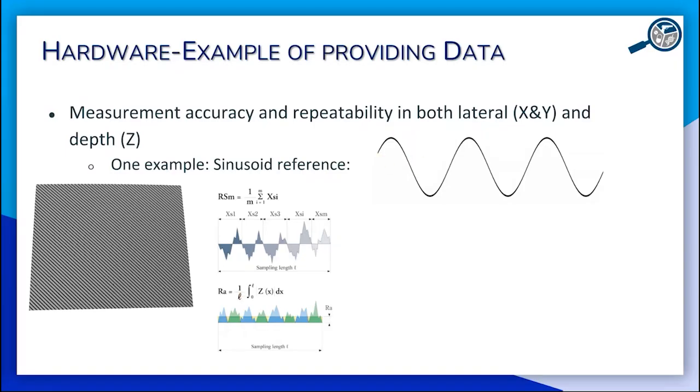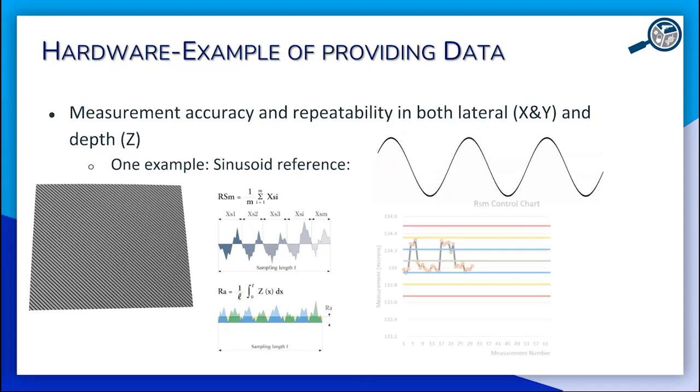So this now provides some objective data, and you can perform a series of measurements, which provides some measure of both the lateral and vertical repeatability on a relatively small microscopic scale.